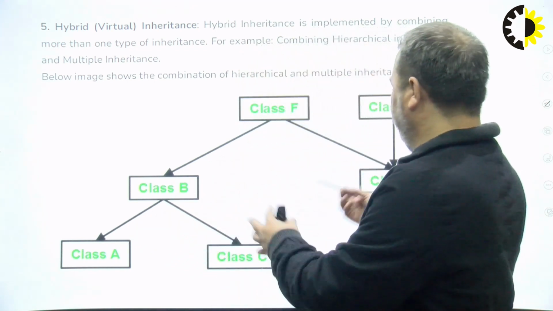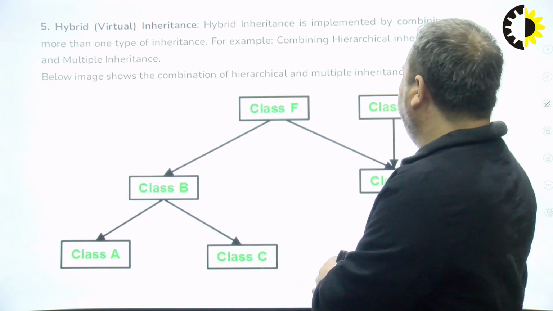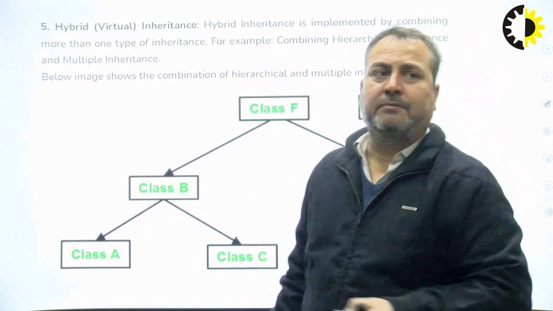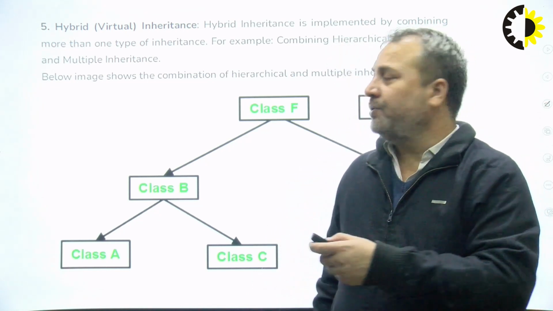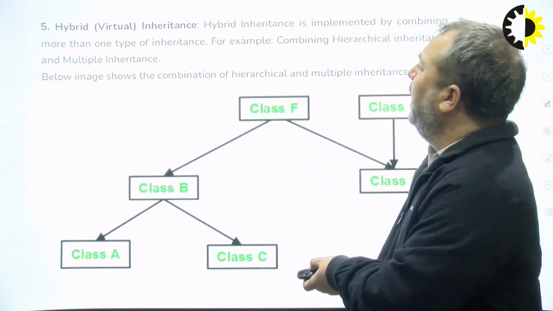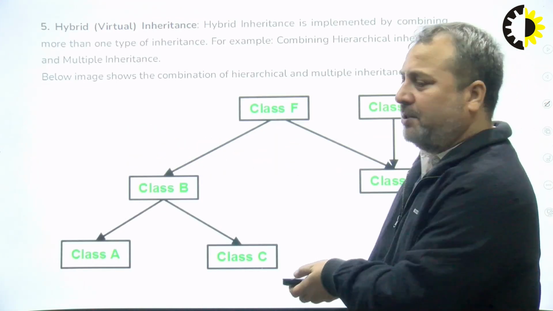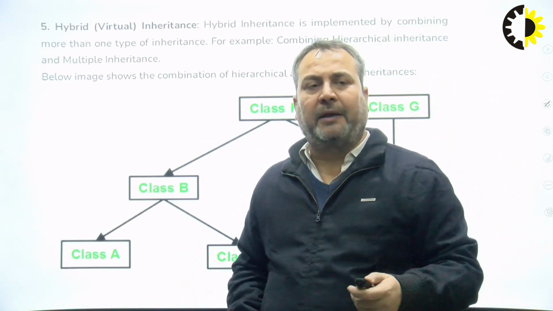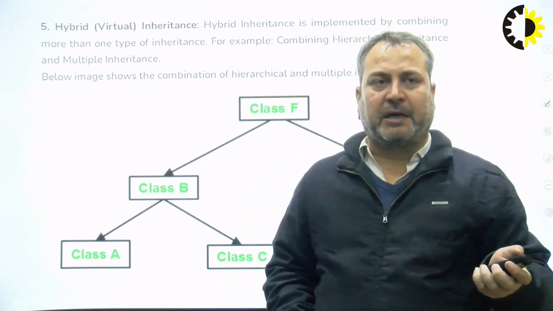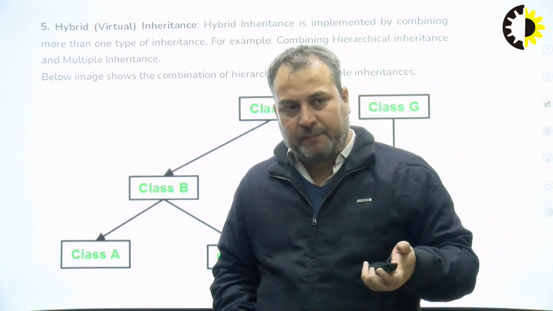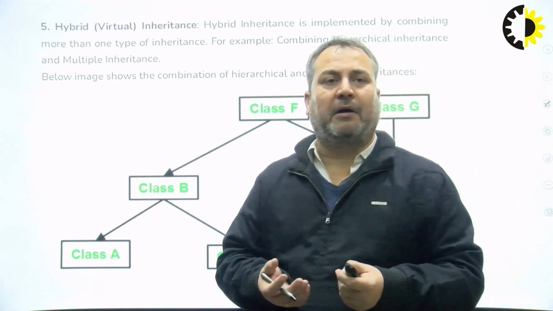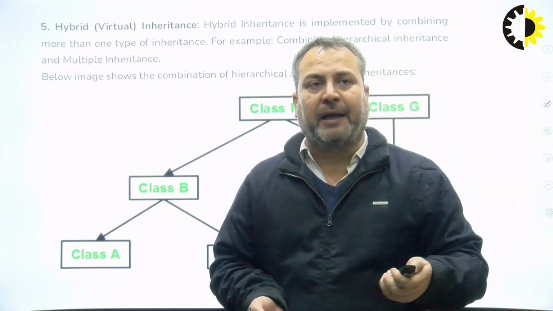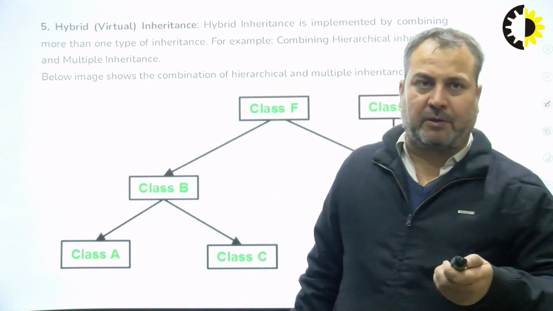So if there is more than one type of inheritance in some scenario, this comes under hybrid inheritance. So this is all about inheritance, one of the important features of object oriented programming languages, that is, the idea of reusability. That's all. Thank you.